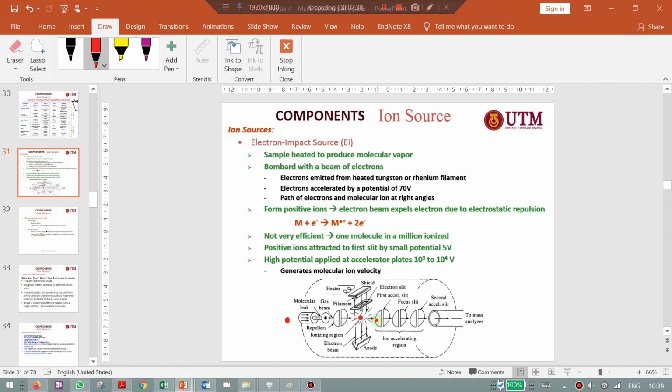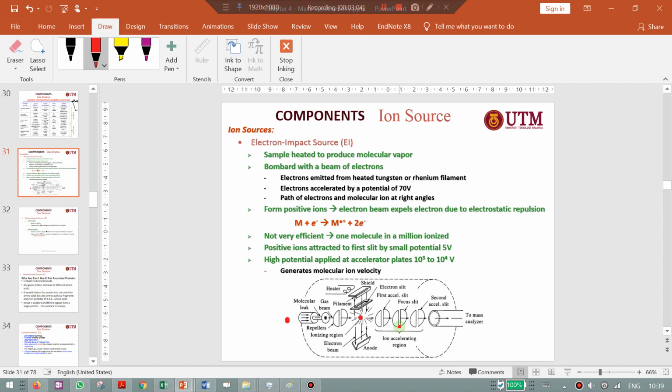For example, we have 10 power of 2, 3, and 5 to accelerate our compound to the mass analyzer. If we are not using the increasing potential here, your compound will not accelerate to the mass analyzer. It will go somewhere around here, so the background noise will be much higher.